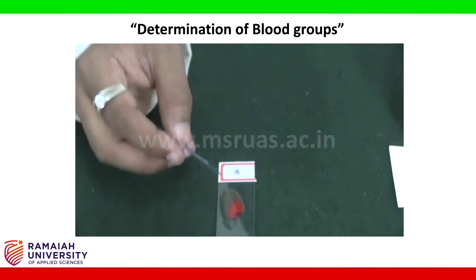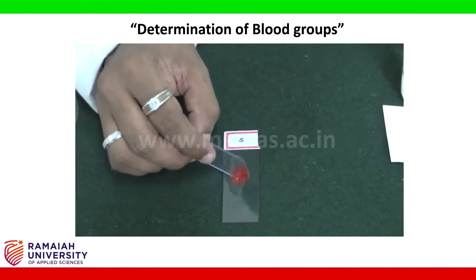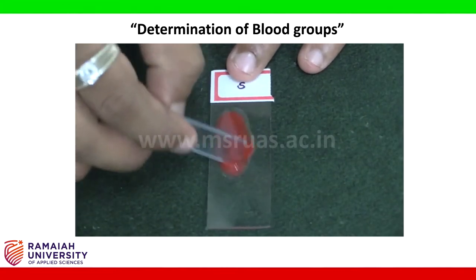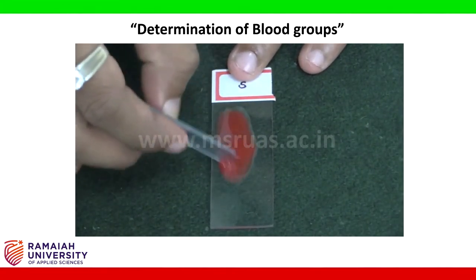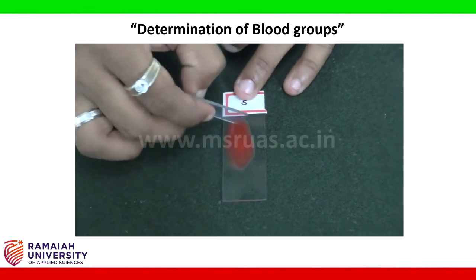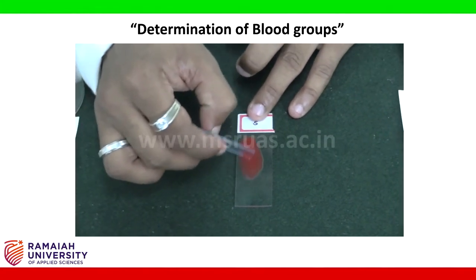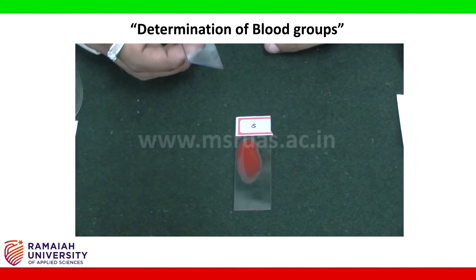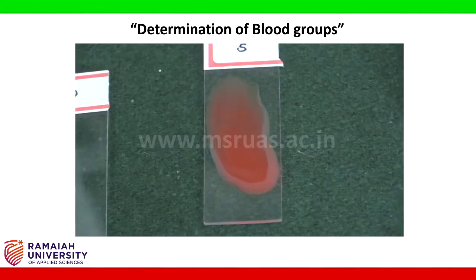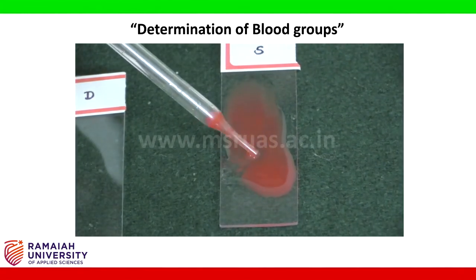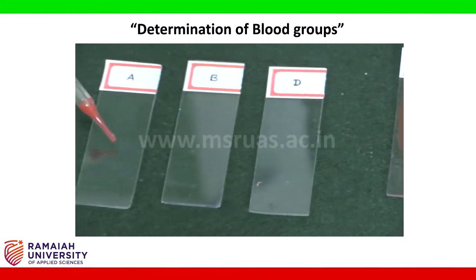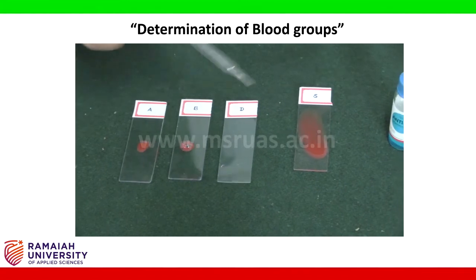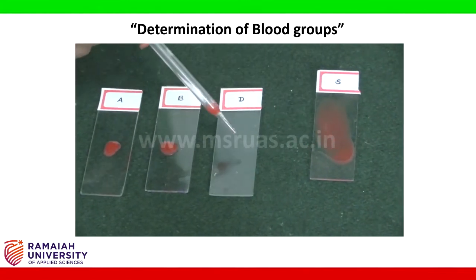And using one more glass slide, mix the blood with the saline. This diluted blood will be utilized for further experiments. Then the diluted blood with the saline is added to the A slide, B slide and the D slide.